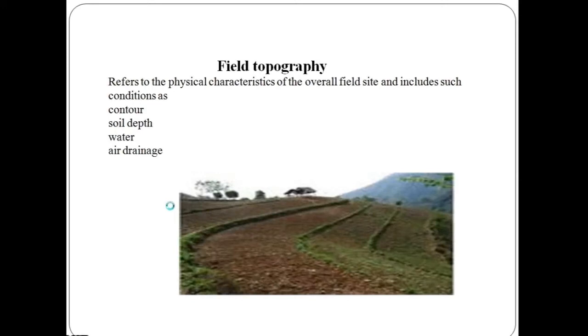Thus, field topography refers to the physical characteristics of the overall field site and includes such conditions as contour, soil depth, water, air drainage, and the presence of rock outcroppings and trees. These characteristics can have a significant influence on crop production and management.